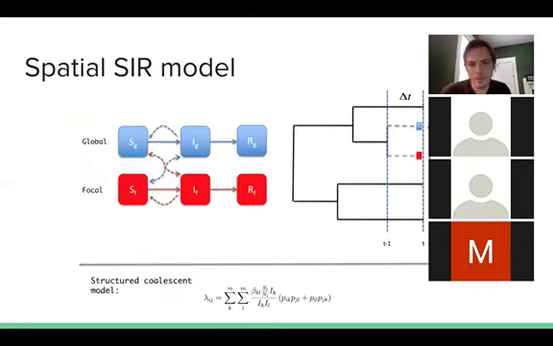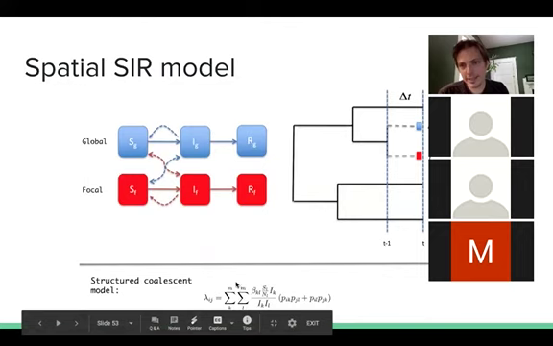We developed this simple structured coalescent model to track the movement of lineages between the global population, everything outside of Ho Chi Minh City, and the focal population, which represented Ho Chi Minh City. And then I said that we derived the appropriate coalescent model that included population structure.